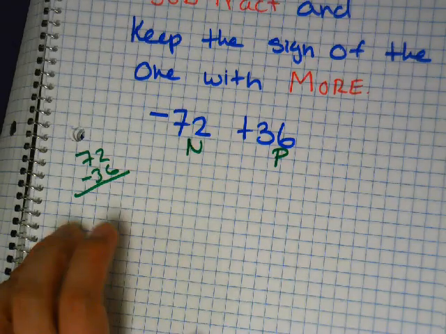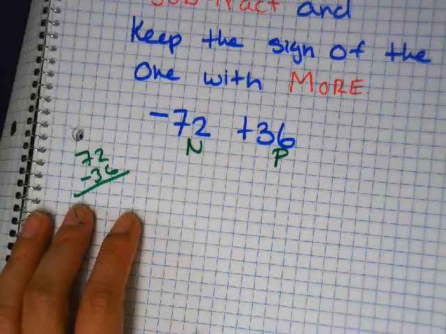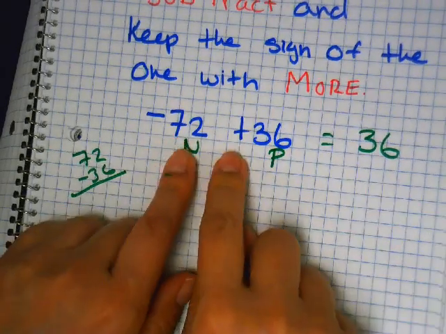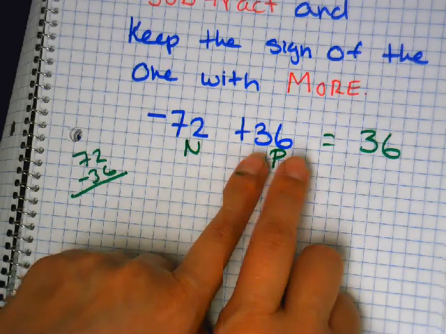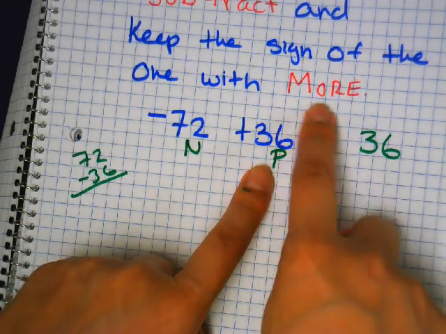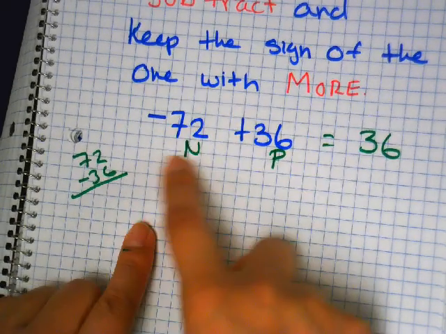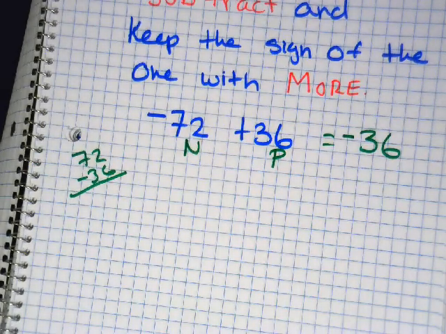What do you get when you subtract? 36. Now go back and look at your problem. You have 72 negatives and 36 positives. What do you have more of? More negatives or more positives? You have way more negatives, so your answer is negative 36.